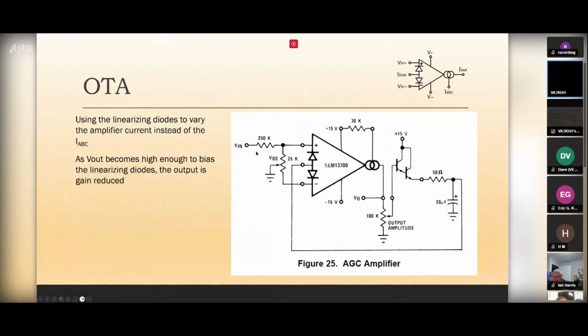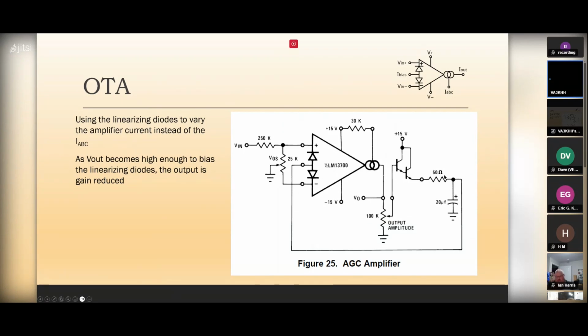So one good application for those of us who want to do an AGC amplifier, this is straight out of the data sheet. But instead of using the ABC current to change the gain via the GM component, they take the output and you can set the amplitude that you're happy with.